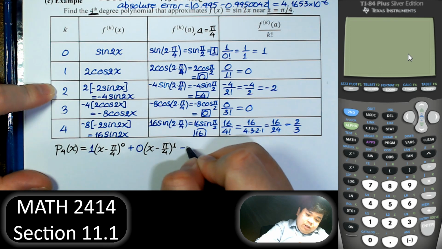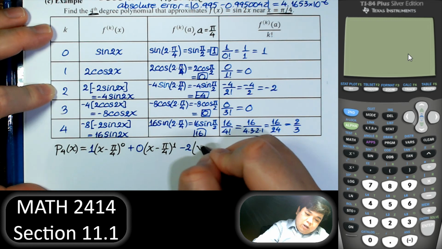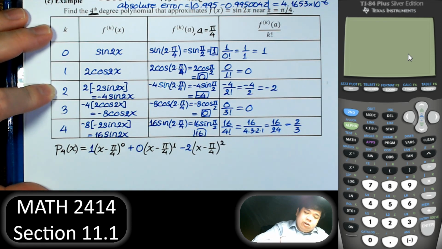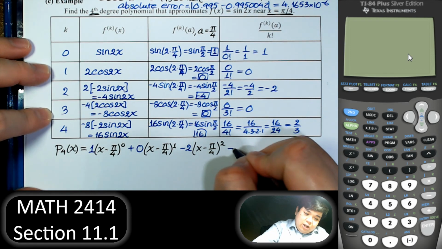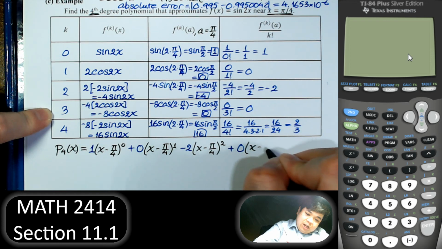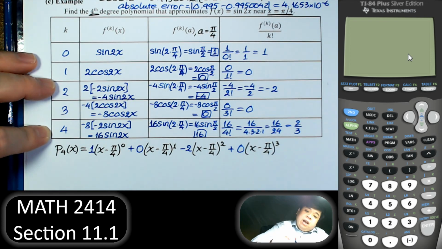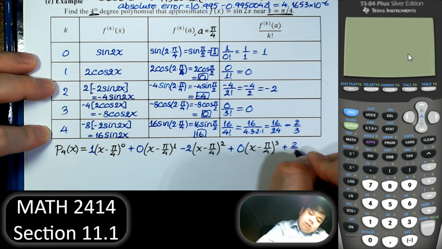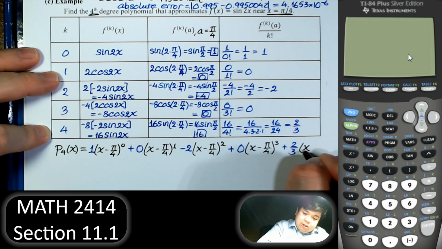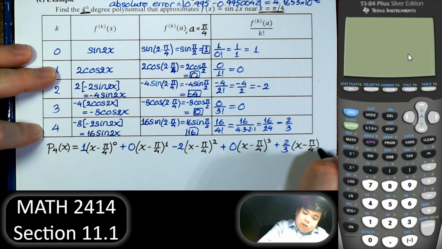And then the next coefficient is negative 2, and we have x minus pi over 4 squared. Next the coefficient is 0, corresponding to k equals 3, so x minus the center cubed. And next we have 2/3 times x minus the center to the 4th.